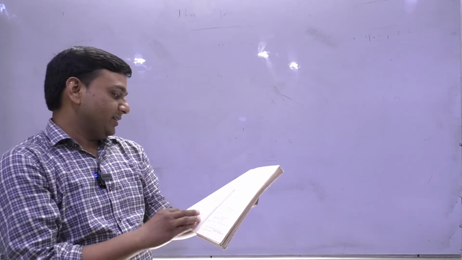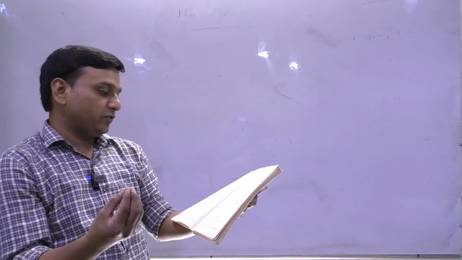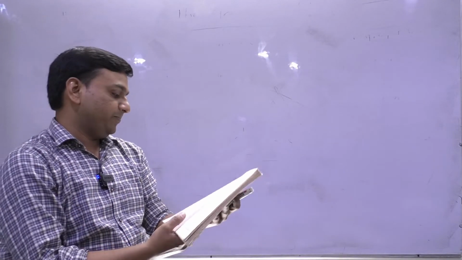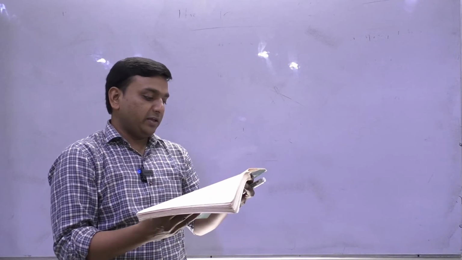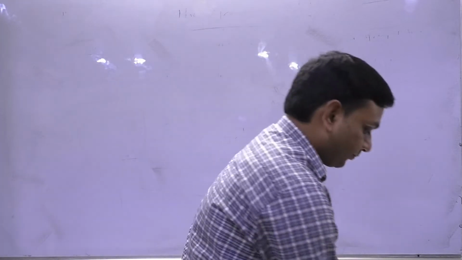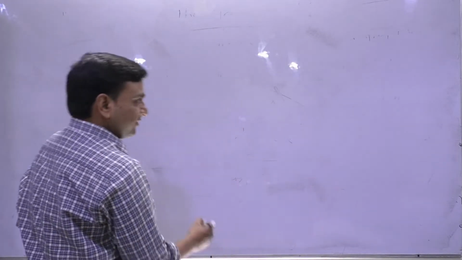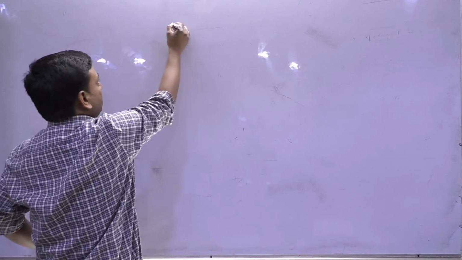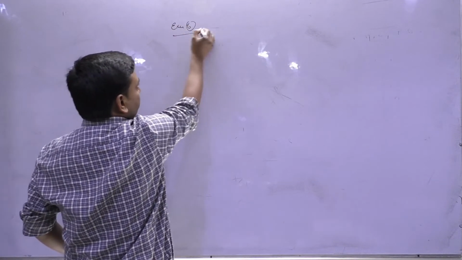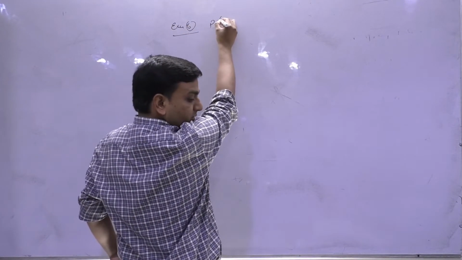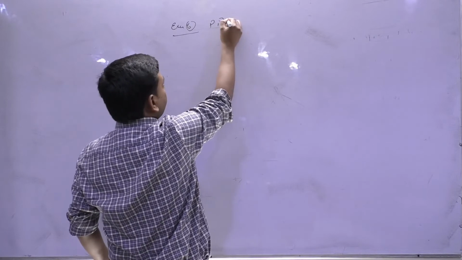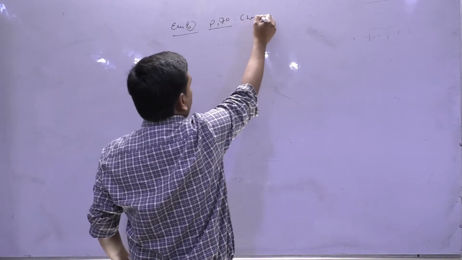Okay, I will take some good questions so that the picture is clear. Let's say I take example 6. What is example 6? Example 6, page number 70, chapter 4.